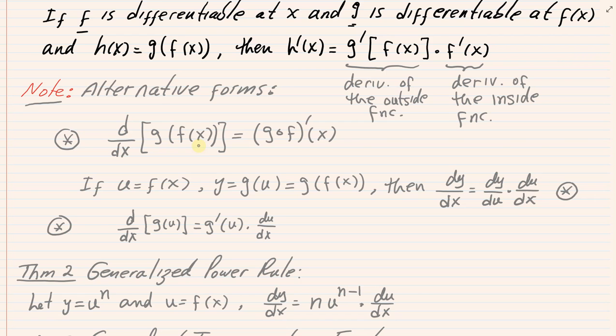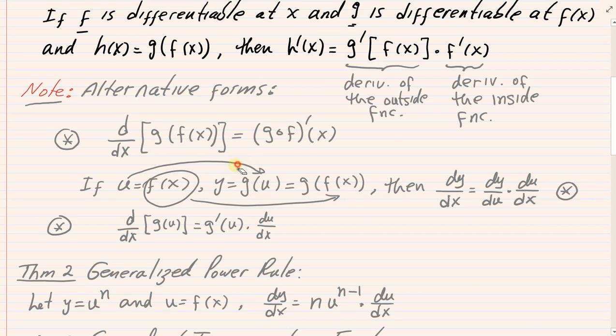Now, if we let the variable u equal f of x, and we let y be g of u, we in effect have created a composition, the composition of g of f of x.